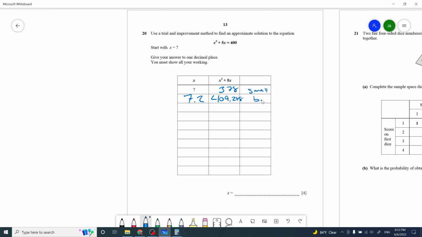Now this is too big, so we need to be smaller than this, so let's try 7.1.